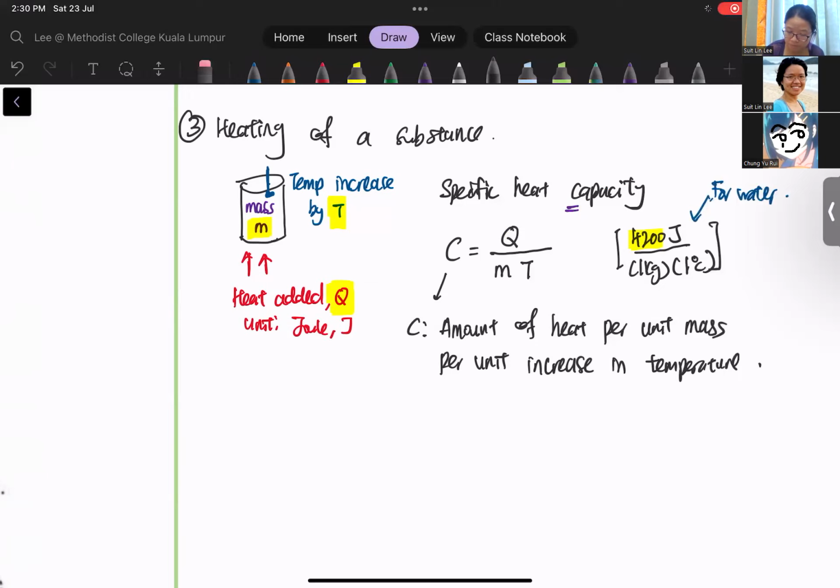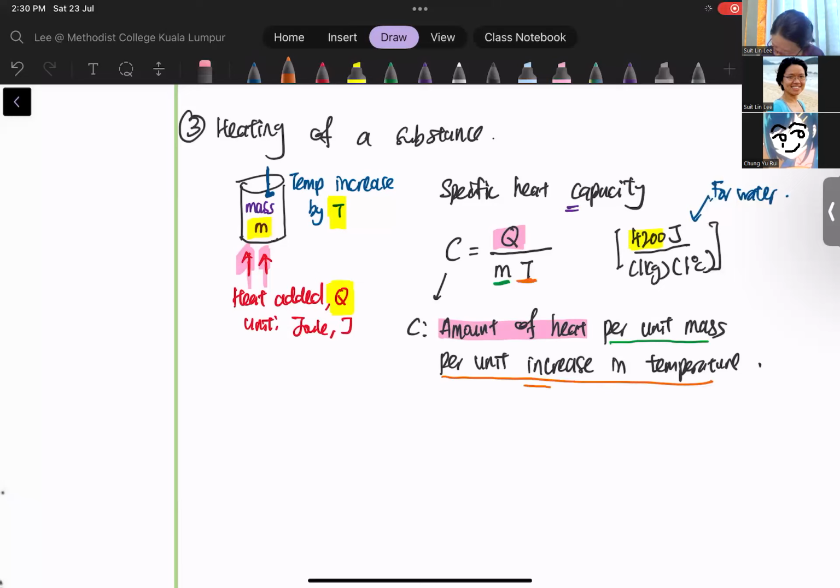Okay, so amount of heat required, that would be this Q here, heating up. Per unit mass would be the divide by M. This is per unit mass. Per unit increase in temperature, this is T.